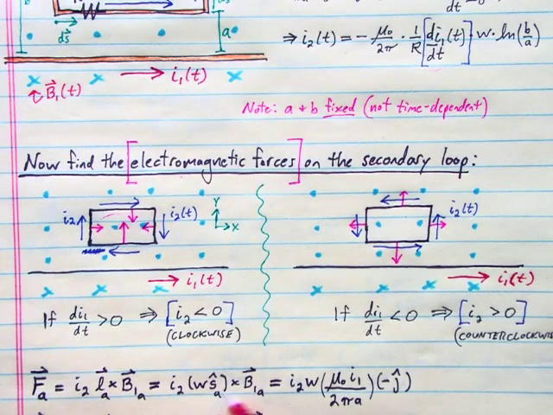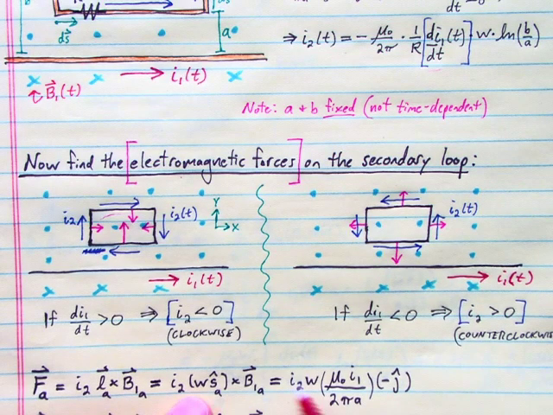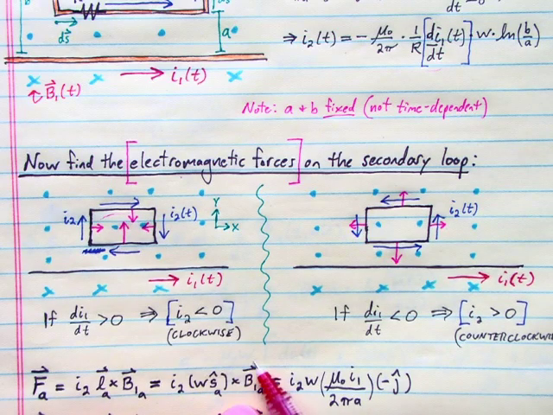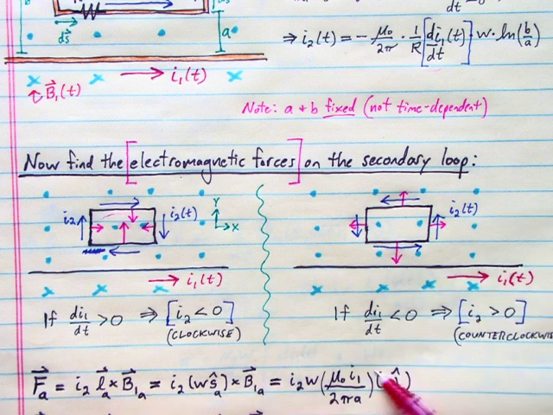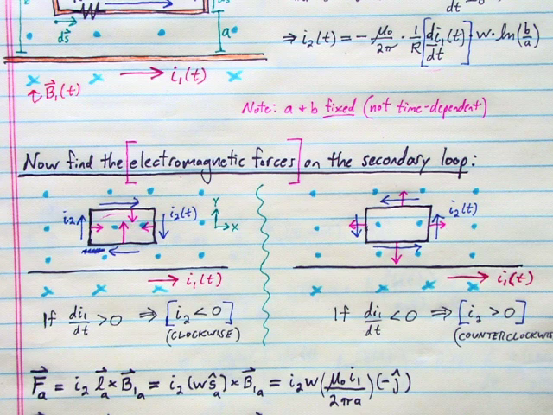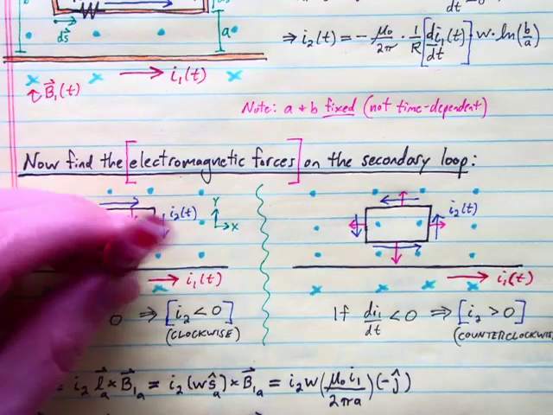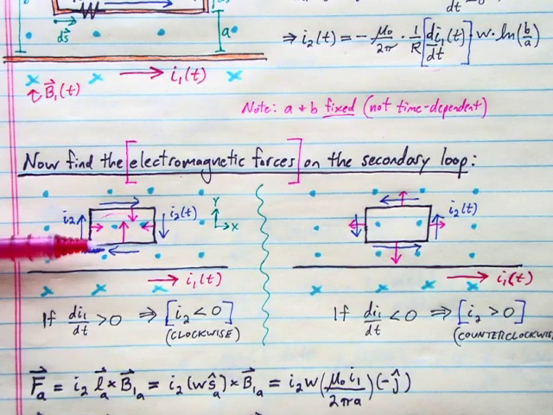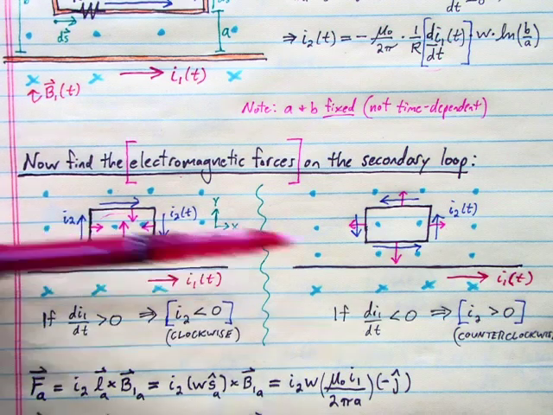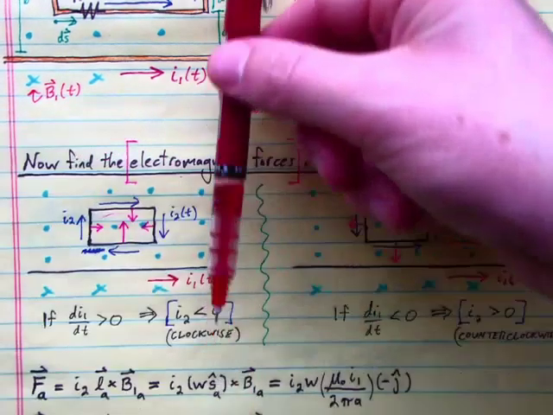So there's our cross product, negative j hat, and we've got I2 times W, the length of that segment, and then times the magnitude of B1, which you know from Ampere's law is given by mu naught I1 over 2 pi A. So as long as I1 is positive, B1 points in the k hat direction, and s hat crossed with k hat gives us negative j hat.